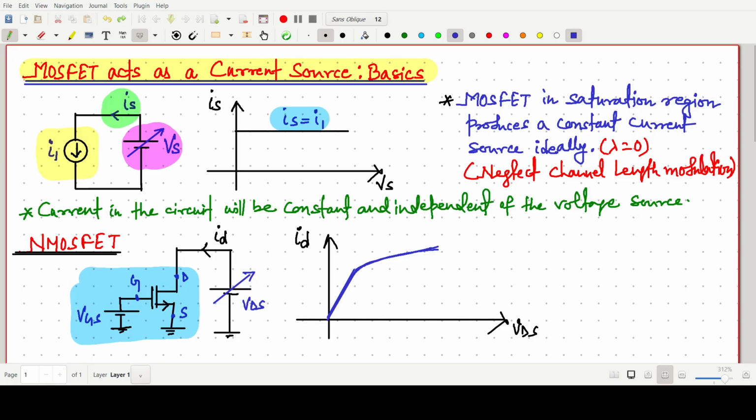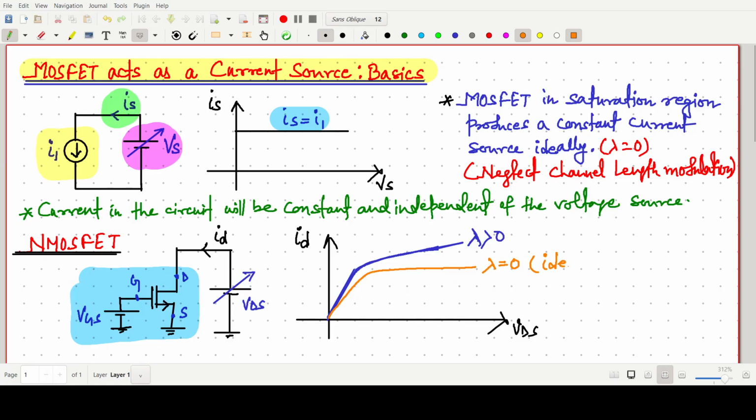Or you can extend some more. When we are considering the lambda value, lambda greater than 0, that is channel length modulation. But after neglecting channel length modulation, we can make it the ideal case, lambda equals to 0.